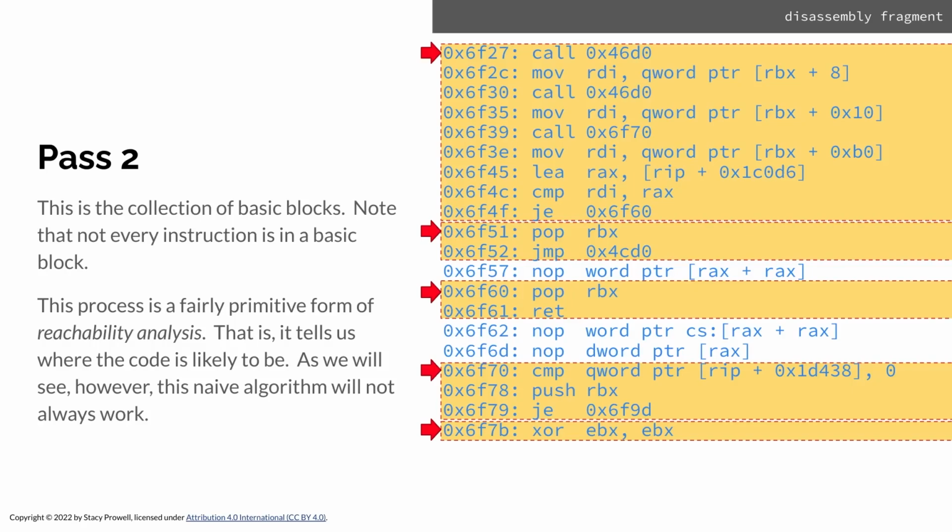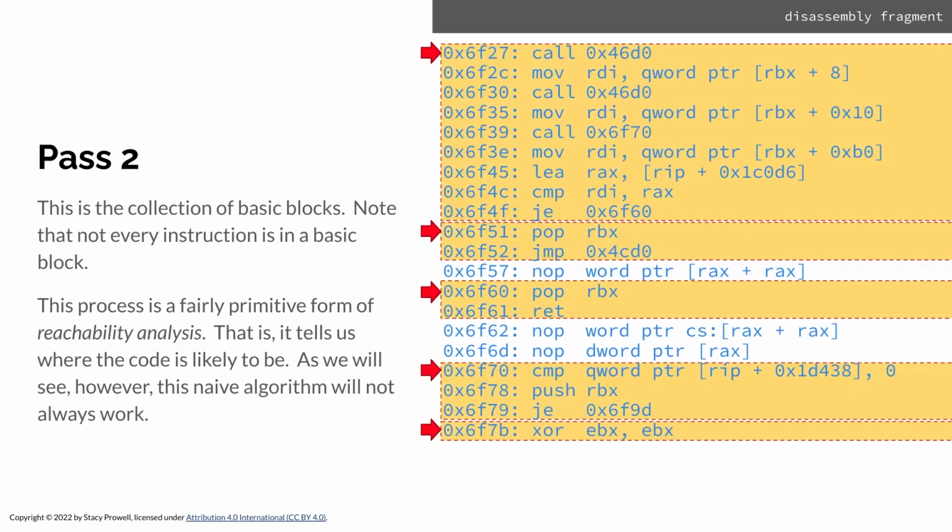The next one, beginning with pop RBX, includes the jump, and that terminates it because the control flow again goes somewhere else. The next one is pop RBX, return. Return terminates that one. Compare, push, and jump if equal. The jump if equal terminates that one. And then finally, we have a basic block that consists of just the XOR, terminated because we've run out of instructions. And there we go. We wind up with those 5 basic blocks.